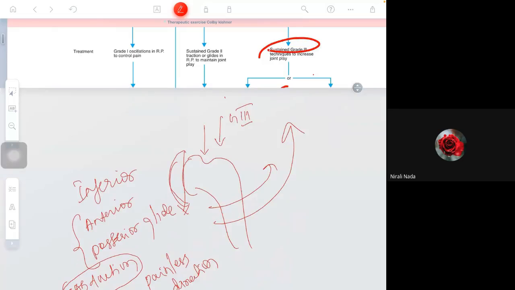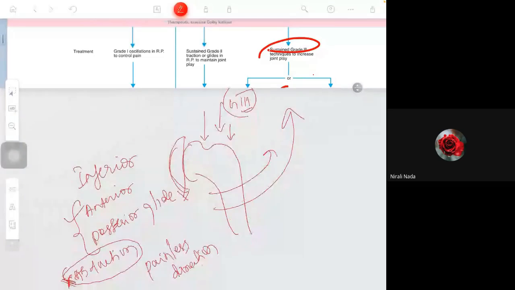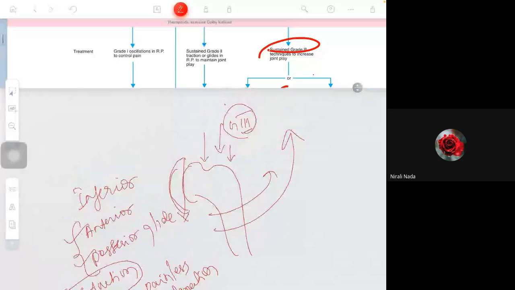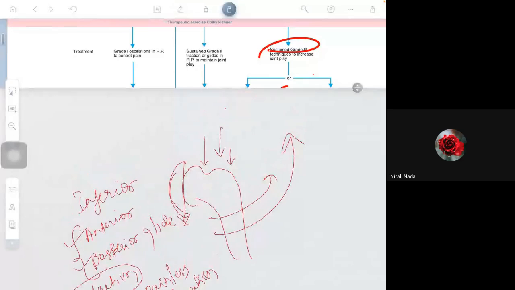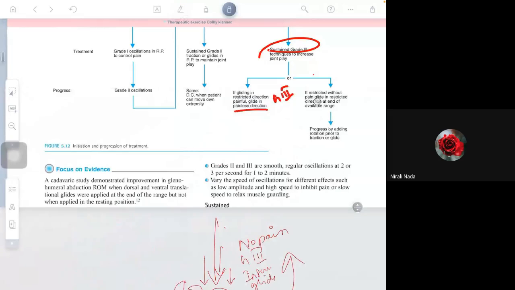So if grade 3 glide is painful in inferior direction, then glide in the other direction. Suppose the patient has no pain when giving grade 3 inferior glide, then you proceed in the same direction.